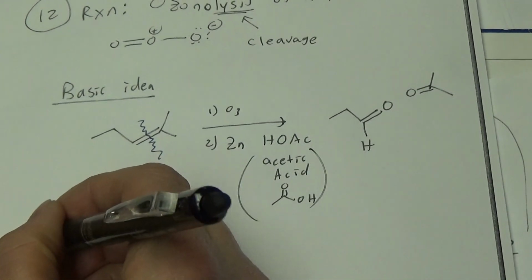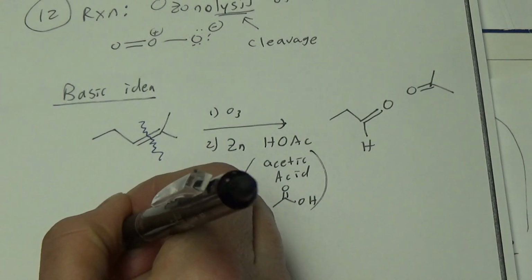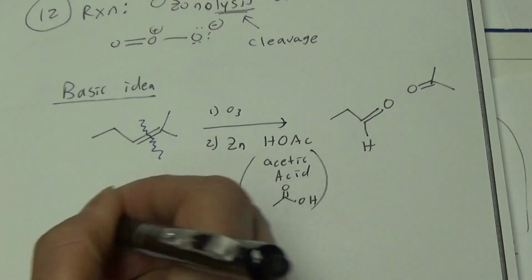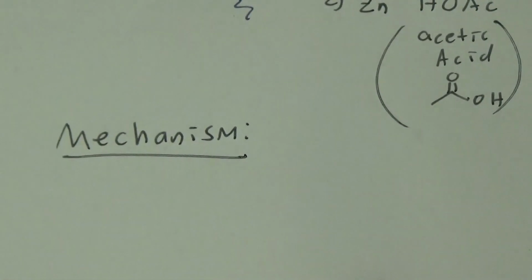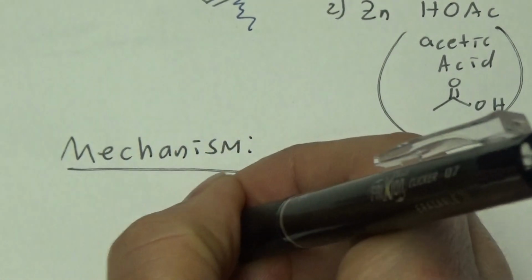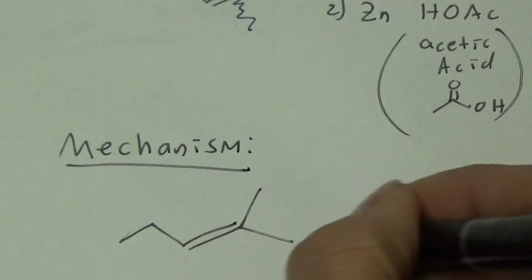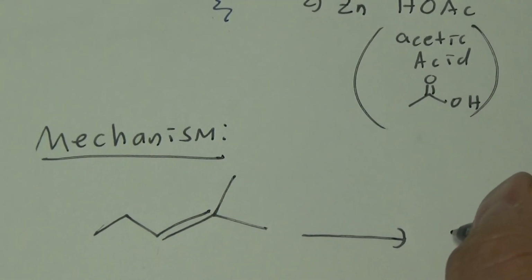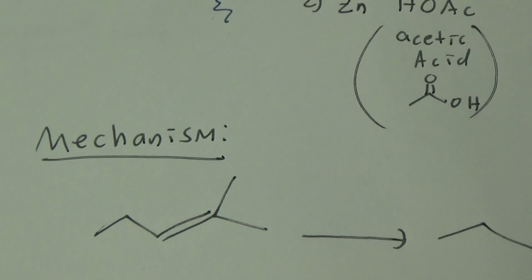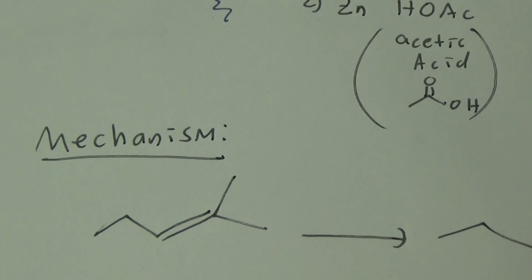I always give a simplified mechanism for this one too, just showing the very basic idea. All right, how does this work? How do we get the cleavage reaction to go with ozone?